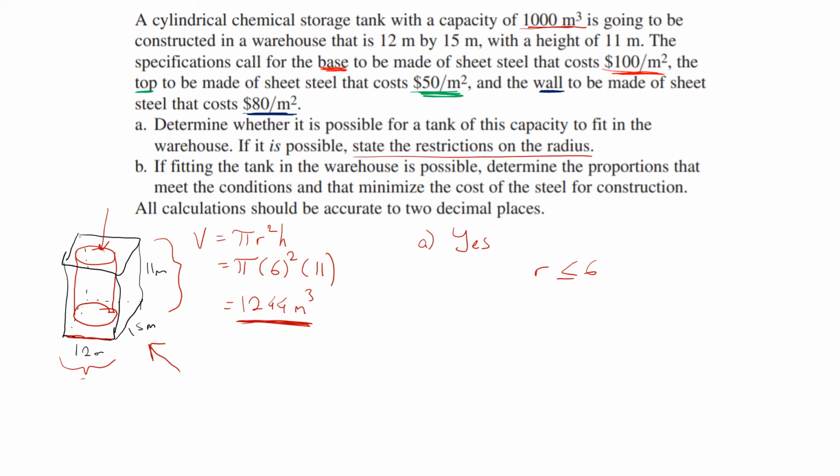However, I don't know my other restriction. So I can assume that it's 0, but I don't know that. Maybe I cannot have something smaller than a value that I'm going to find. So how I'm going to confirm the other value instead of just putting 0 is I know that my maximum height is 11 meters, right? So that stays. And I know the capacity of inside is 1000 meter cube.